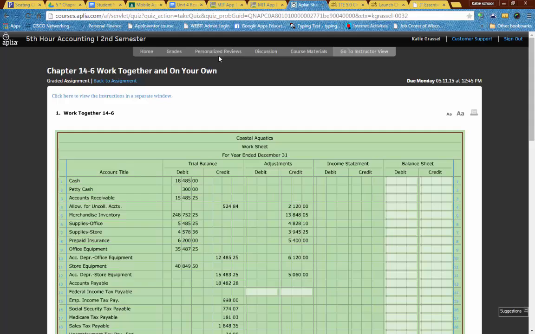The other thing that we adjusted was merchandise inventory. Merchandise inventory is the account that we use because we are selling products. So if I'm selling remotes, am I making the remotes? I am not a manufacturing company. I'm a merchandising business. So merchandising means I sell the product to you.